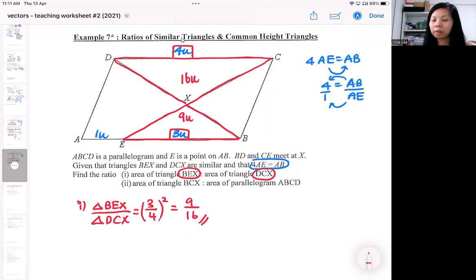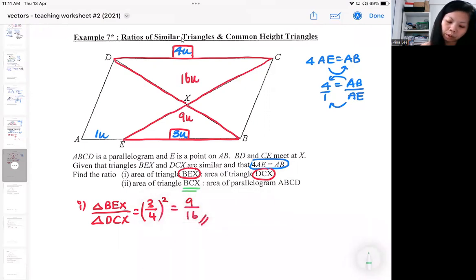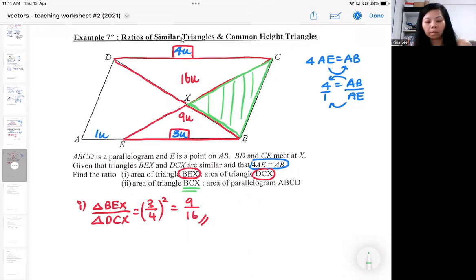The challenging one is in the second part. This is the one a lot of people will have some issue with. They are asking you for this green triangle and the whole parallelogram. So I'm going to target this triangle and half of the parallelogram first.